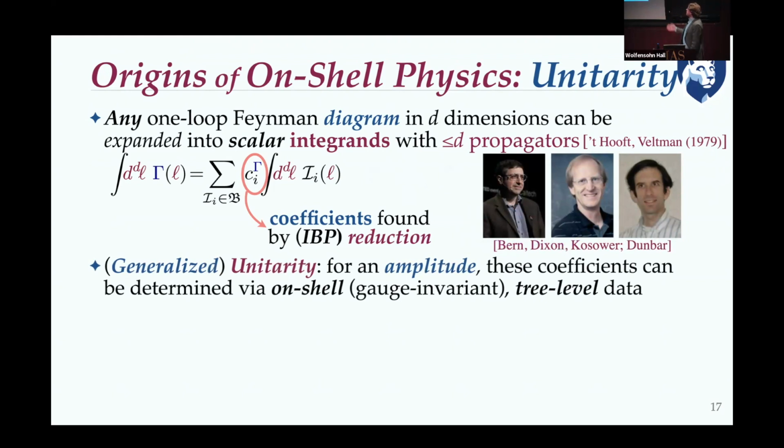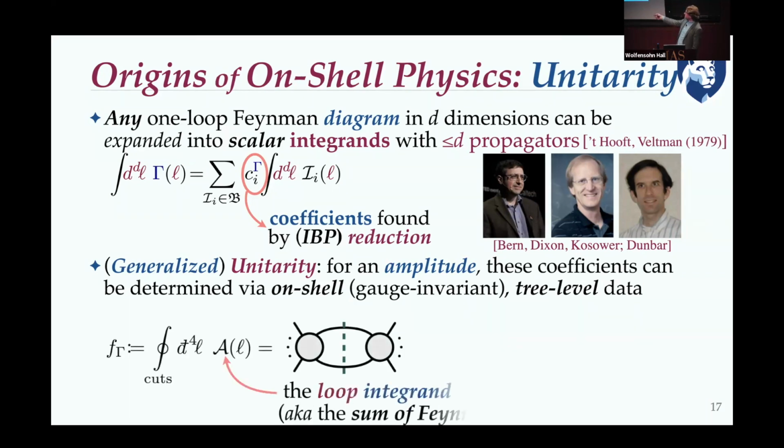What was noted early on, and what gave birth to this modern revolution in our understanding of on-shell physics, the origins of these pictures were from Bern, Dixon, Kosower, and Dunbar, where they recognized that actually you don't need to look at Feynman graphs to talk about these coefficients. In fact, all you need to do is think about cuts.